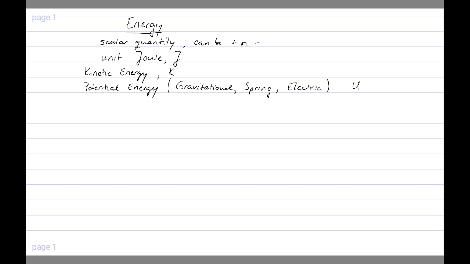And then there are other types of energy. We're going to be using these mostly for now. Another type that I should mention is heat, and we will talk about that later. Now, one thing about energy is that it doesn't appear or disappear. It gets transferred from one form to another.